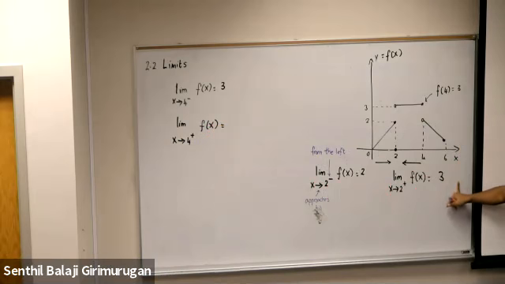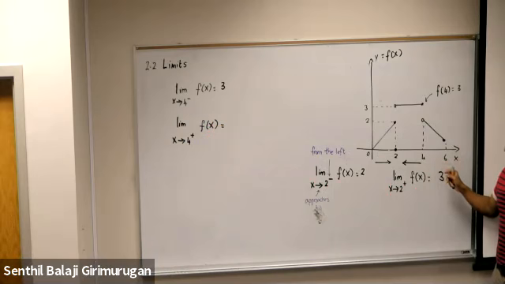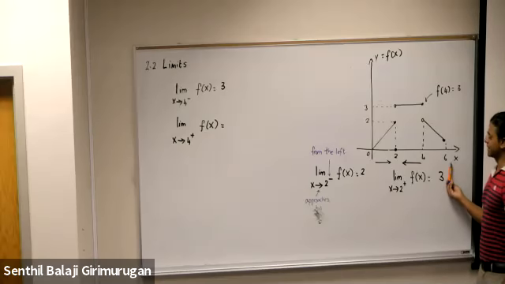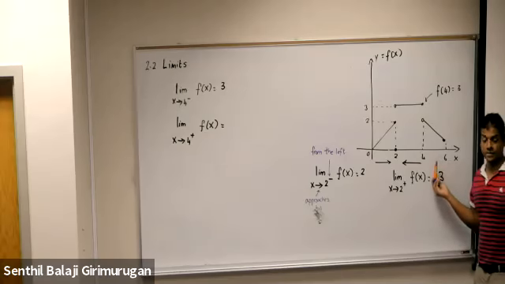Now, for approaching from the right, we could use 6. I'm going to start at 6 because that's where the next point is. Of course, you can start close to infinity. You start at 6, you're getting closer and closer to 4.